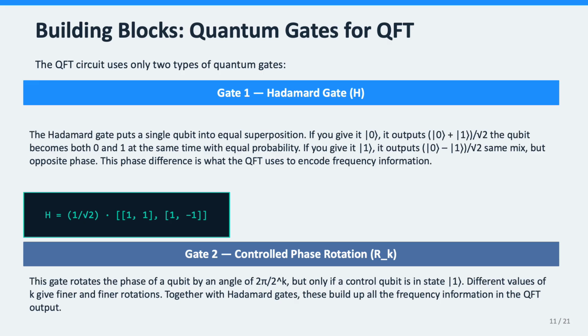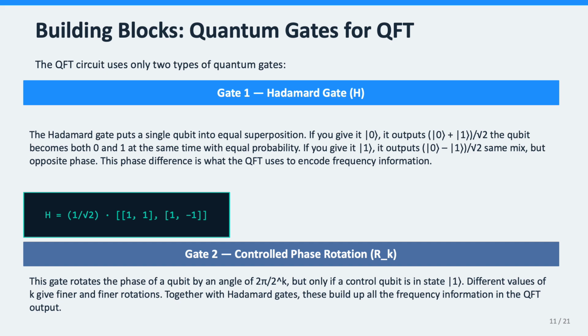The entire QFT circuit is built from just two types of quantum gates. This is one of the most elegant things about it. A transform that achieves exponential speedup requires surprisingly simple components. The first is the Hadamard gate.